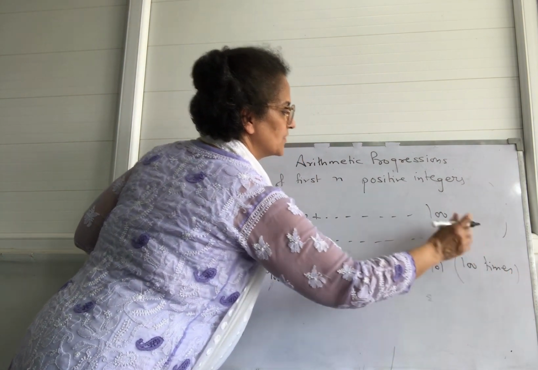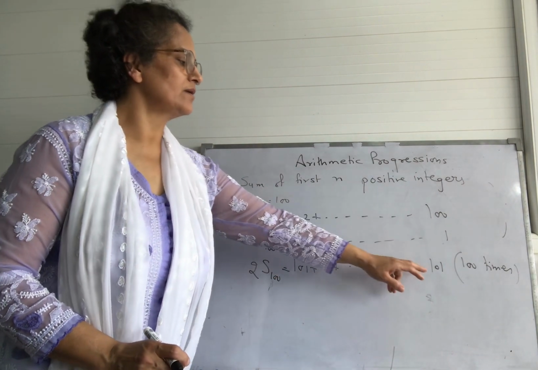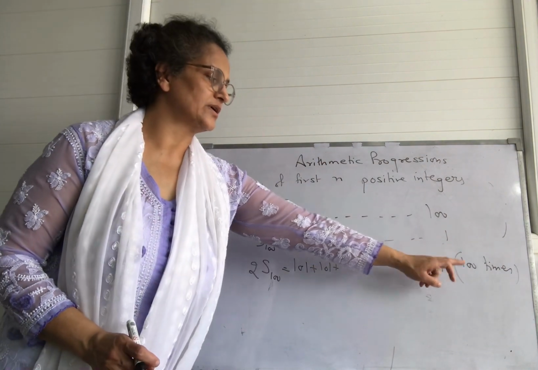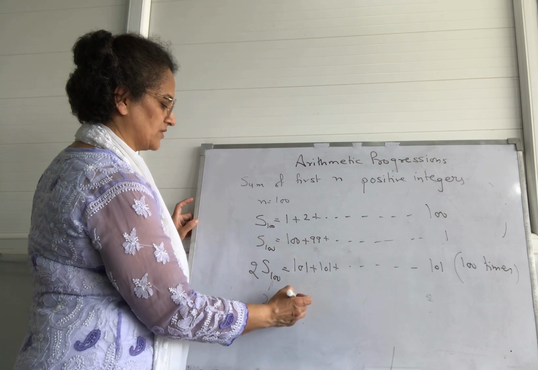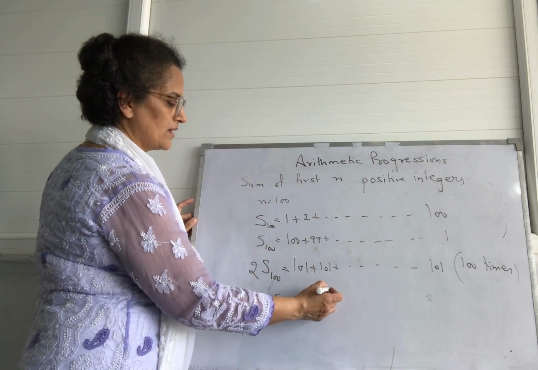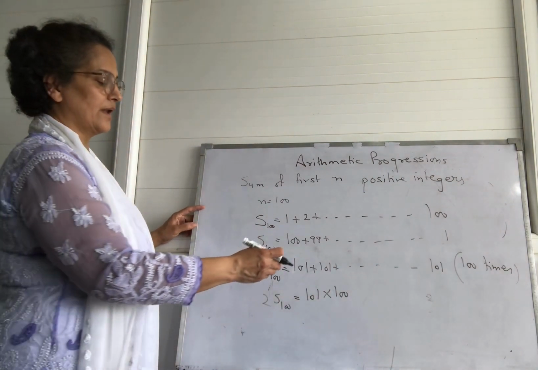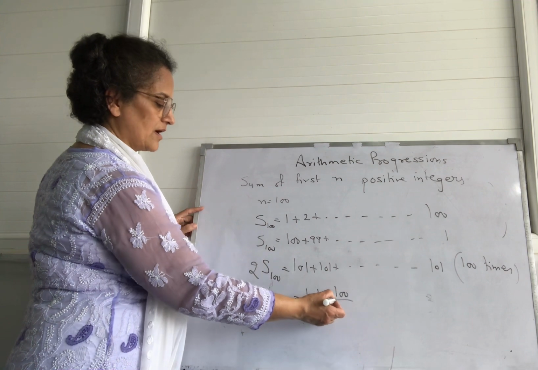How many terms have we taken? We have taken 100 terms. So when we add, we get 101, and how many times am I getting it? 100 times. So this 2 S100 can be written as 101 into, repeated addition is multiplication, and how many times have I written 101? So I can multiply with 100.